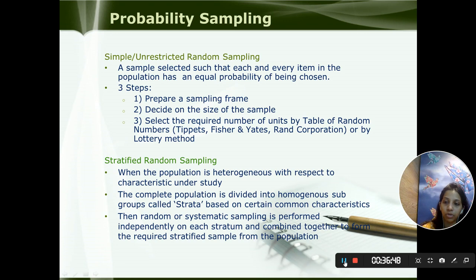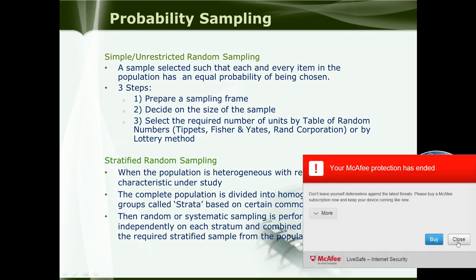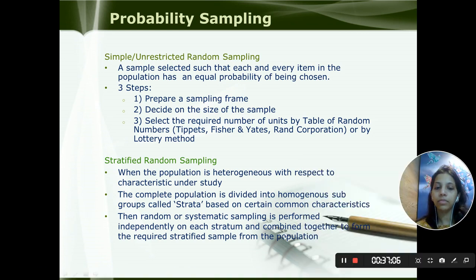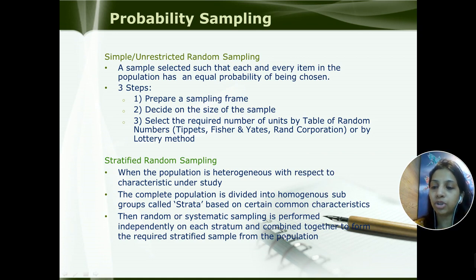Next will be say 12 to 24, and in a similar pattern you will make homogeneous subgroups called strata based on certain common characteristics, like in the present example the characteristic was age. Then you do random or systematic random sampling on these strata rather than on individual study subjects. Okay, so what is systematic sampling?